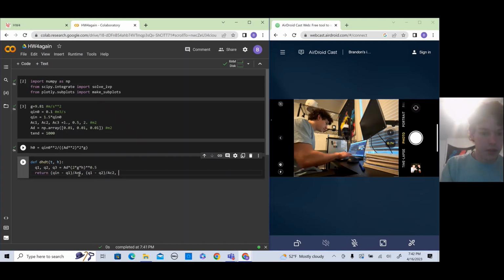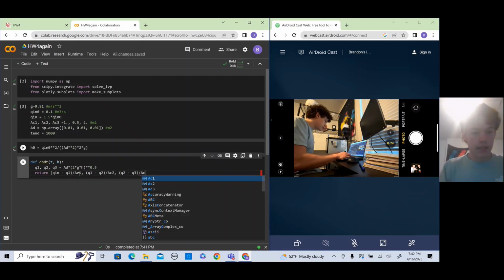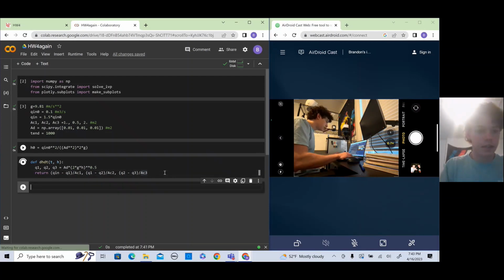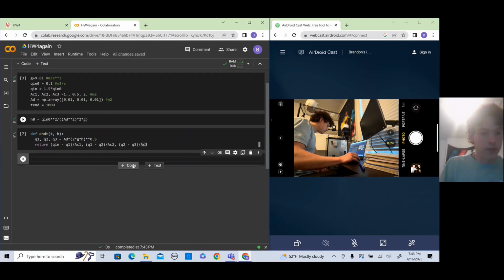And then we'll have what's going into the third tank, so Q2 minus what's going out, Q3, divided by the cross-sectional area of the third tank. All right. Don't know if this needs to be in brackets or not, but it's fine for now.